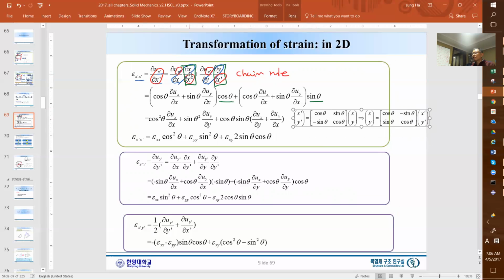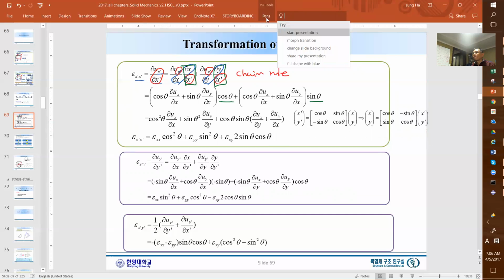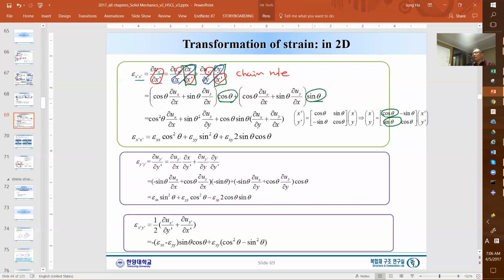Okay, so the x derivative with respect to x prime will be cosine theta. That is the cosine theta. And y with respect to x prime will be sine theta. So this will be the sine theta.